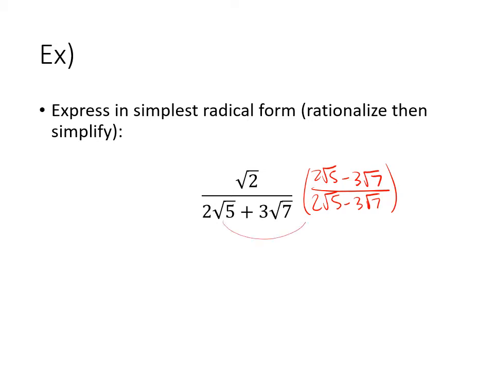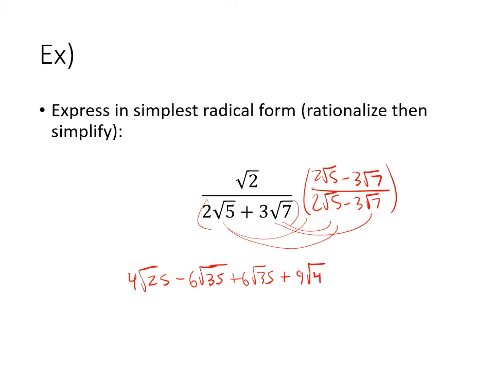Then when you FOIL this out, when you multiply this out, you would have 4 times the square root of 25 minus 6 times the square root of 35 plus 6 times the square root of 35 plus 9 times the square root of 49.